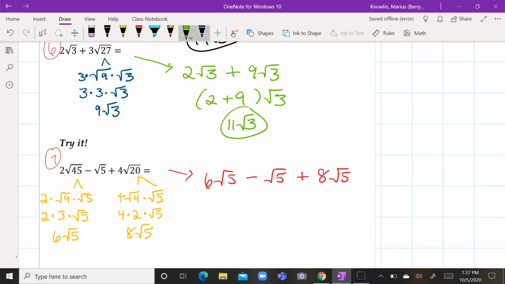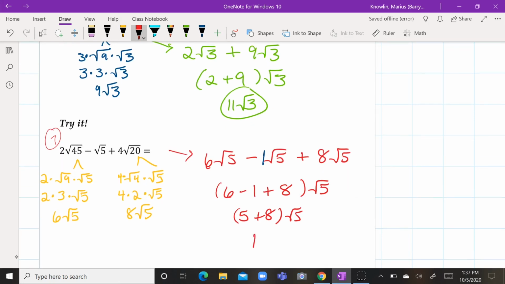Now, whether we realize it or not, there's a 1 out here in front of this square root of 5. So when we regroup all of these, we're going to have 6 minus 1 plus 8, all that times the square root of 5. 6 minus 1 is 5, and 5 plus 8 makes 13. So our final answer here would be 13 square root 5.